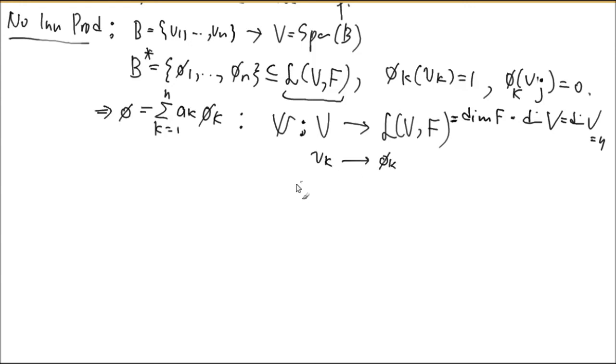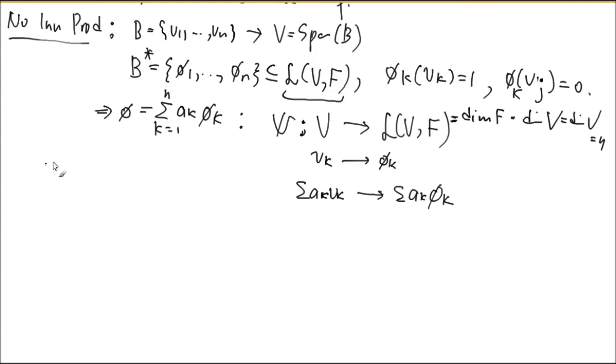In general, I'm sending the sum of ak Vk, which is a vector, to the sum of ak phi k, which is a linear transformation. I claim that this has null space 0. Same dimension, null space 0, it must be an isomorphism. Remember that part? Rank theorem. So this is an isomorphism.